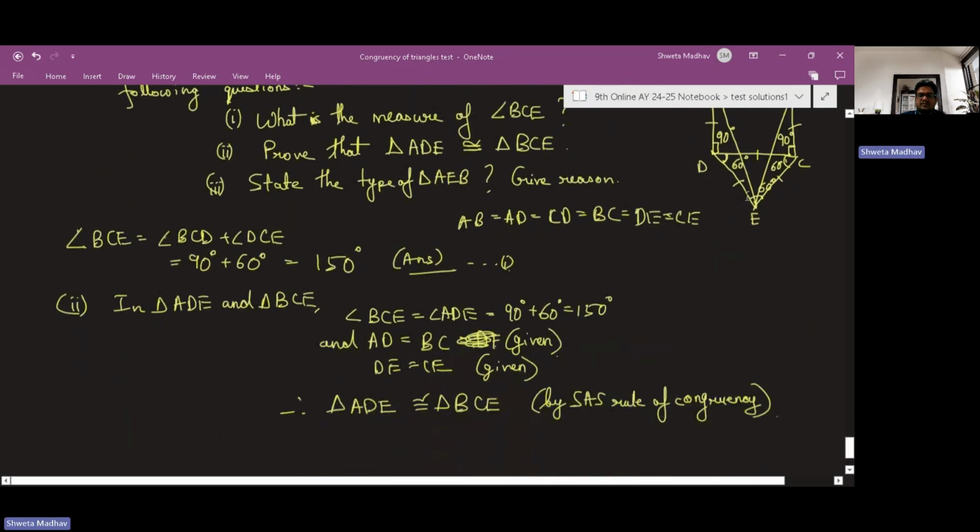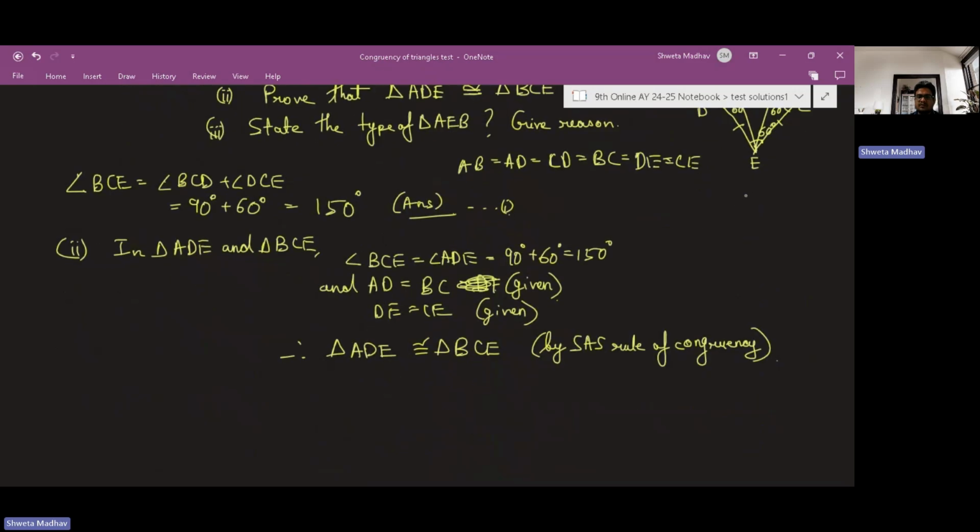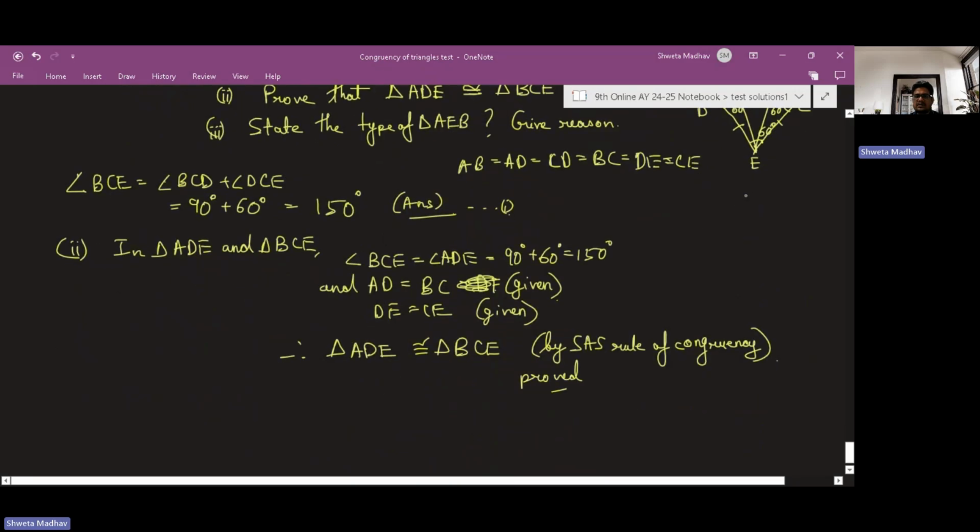So hence proved that triangle ADE is congruent to triangle BCE.